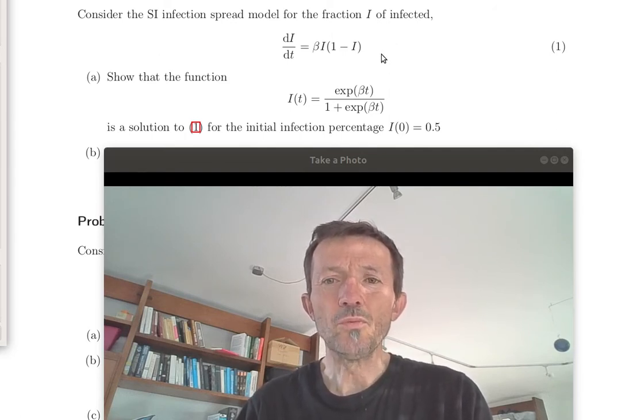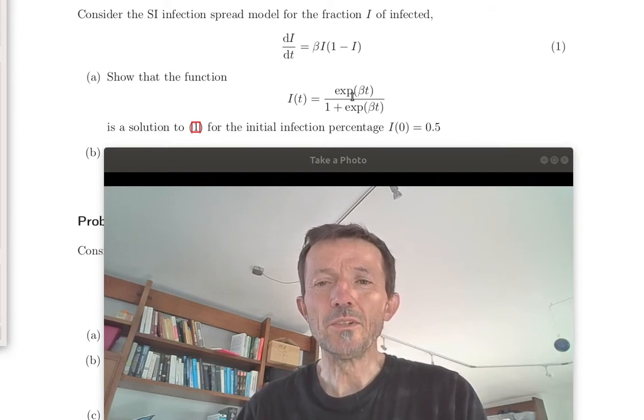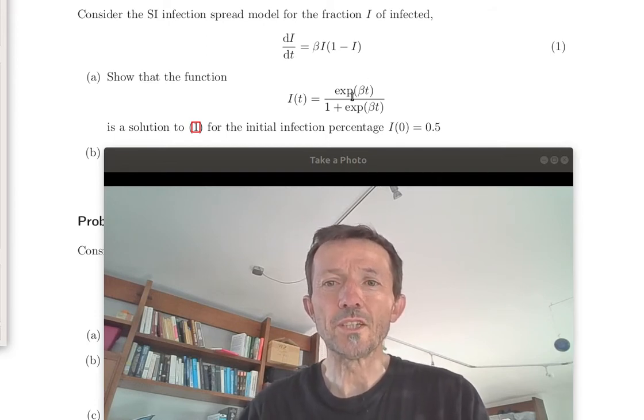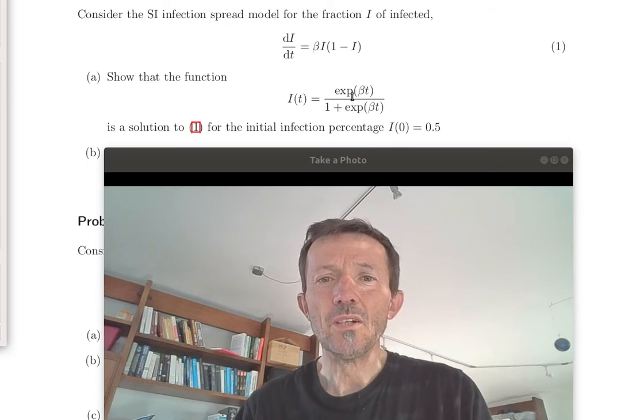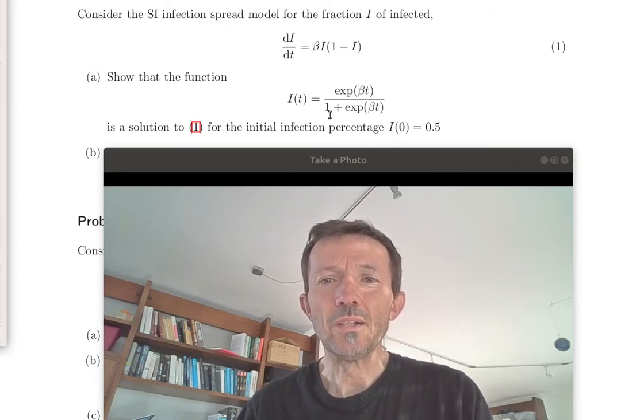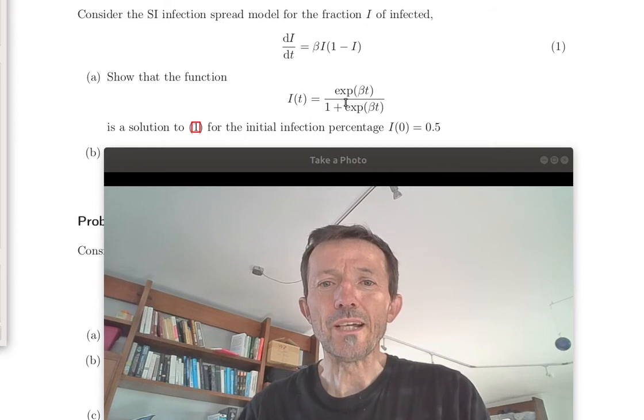We should just show that this function, which is also called the sigmoid function, it looks S-shaped, is a solution to this equation 1. And also for the initial infection percentage I of 0 equals 0.5.